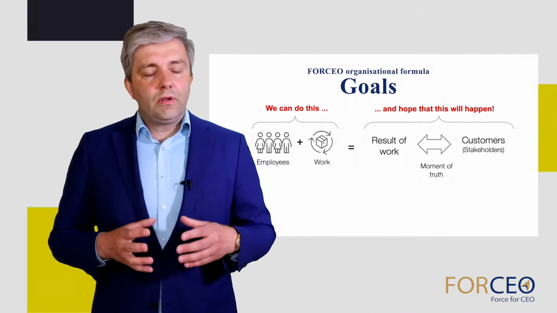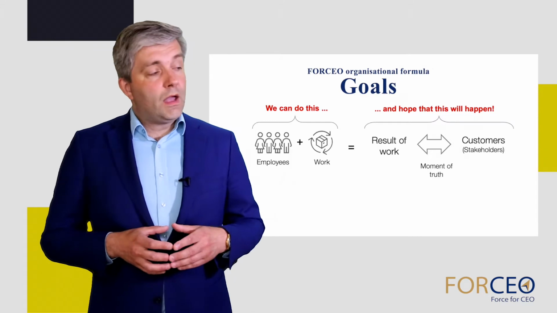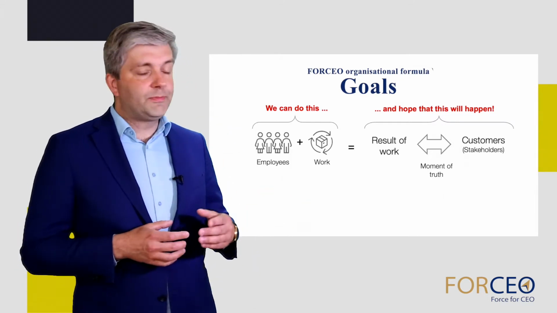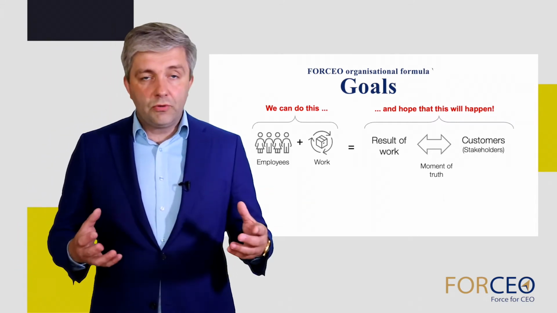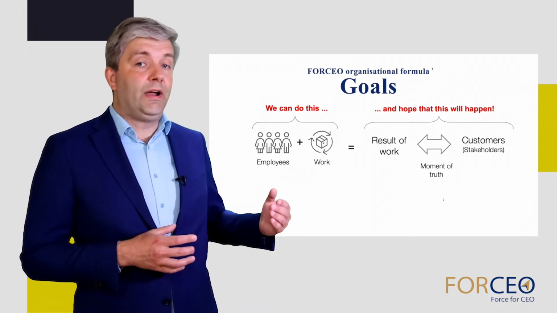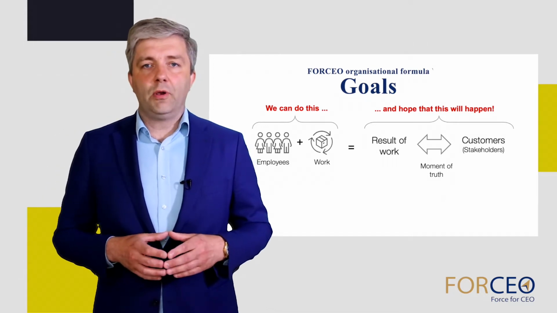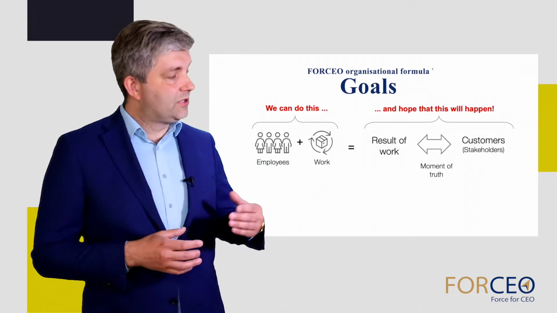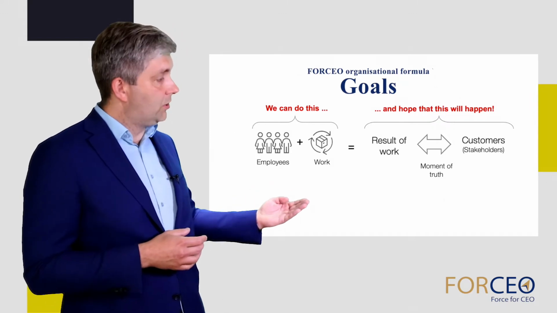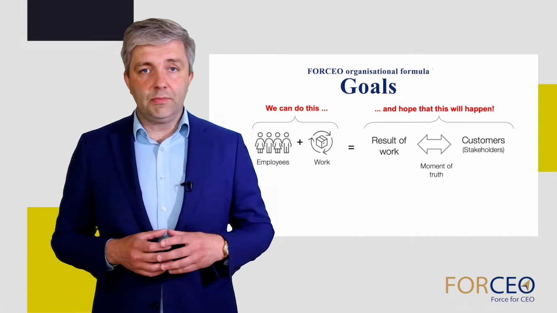So what does the For Sale formula say about the goals? As you see, from the formula perspective, we do have the same model. But let's start from the other end. Normally, when we describe the management formula or For Sale formula, we start from the employees who do the work, they create the result, and the result is given to the customers.